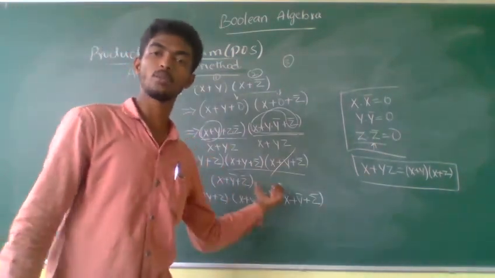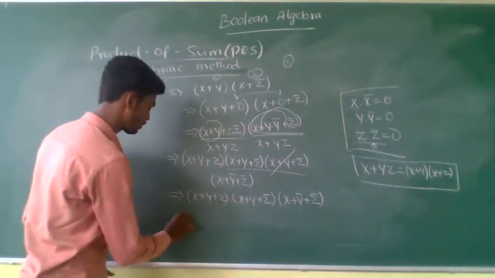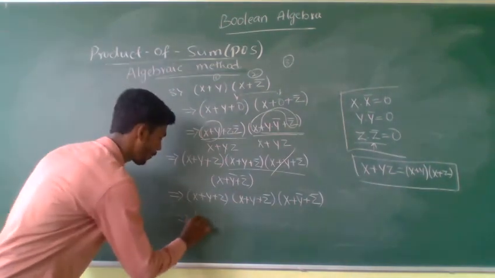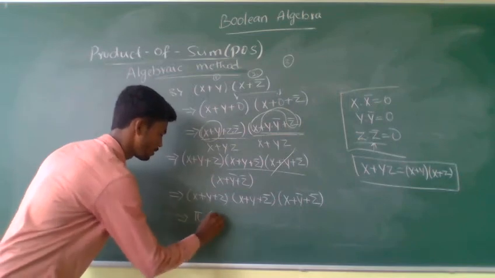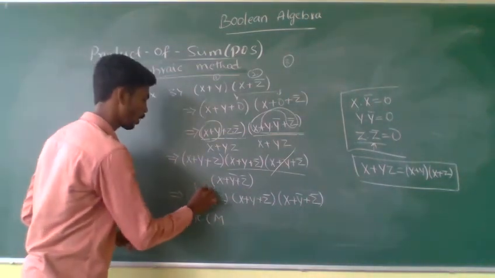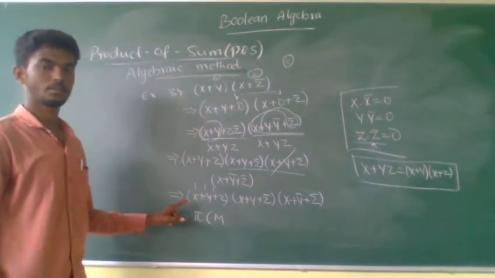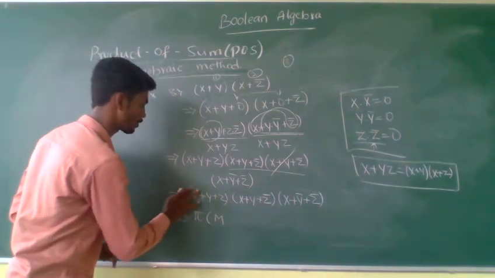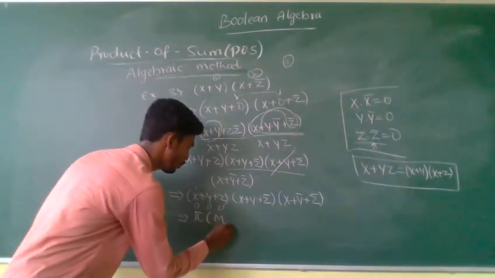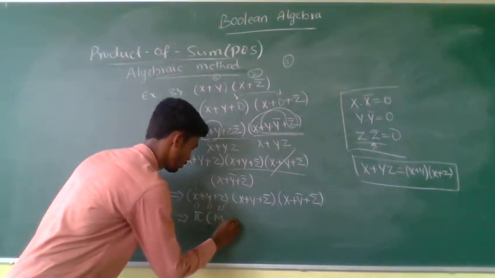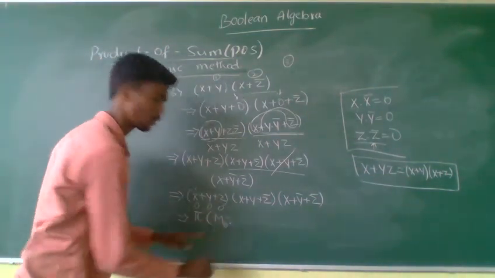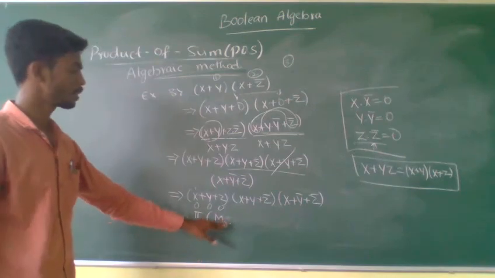And if you want to convert it to the shorthand notation, as I have told you, use the symbol pi, that is M. The max term values will be 0 0 0 0 0 0. So you will get the final value 0, then the multiplication symbol, don't confuse this, this is a max term.